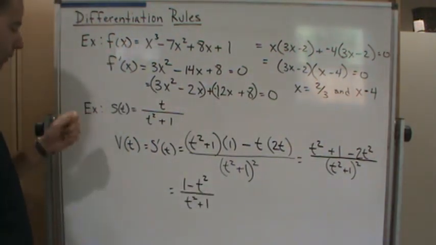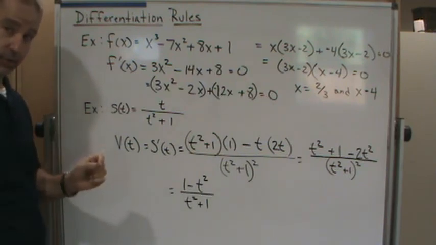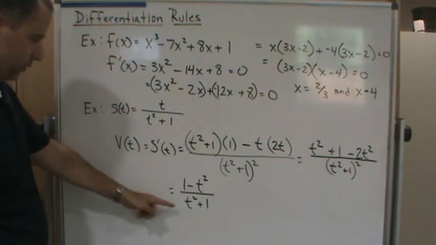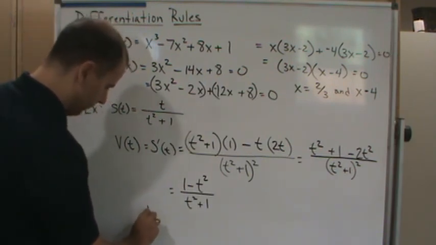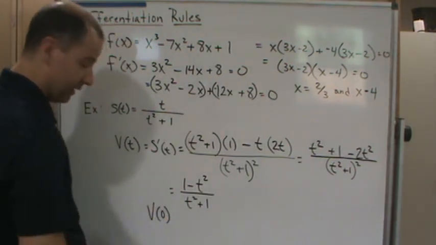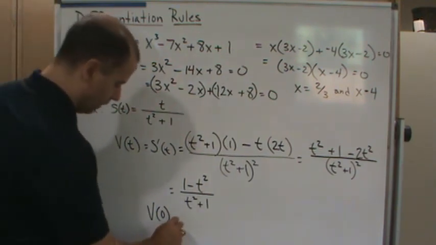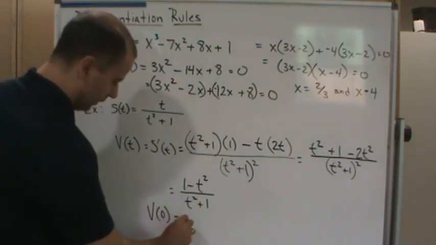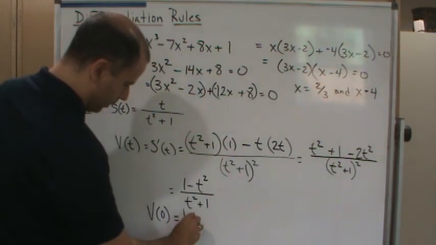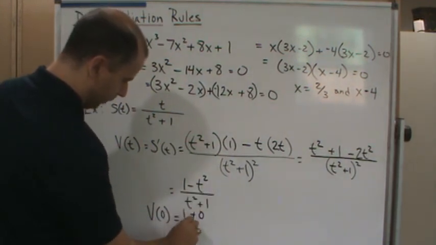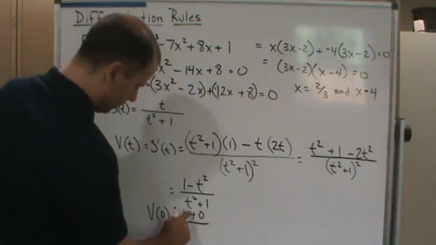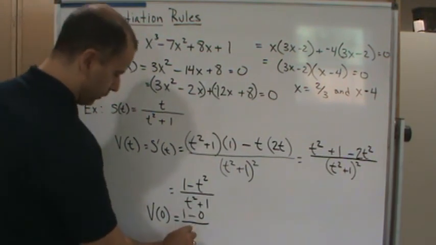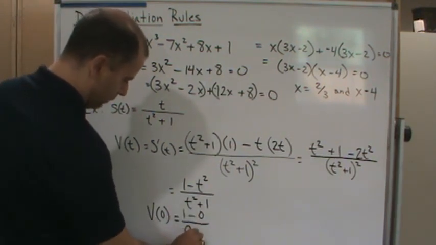So now I want the initial velocity, that's when t is equal to 0. So I want v of 0. That's going to equal 1 minus 0 squared over 0 squared plus 1, which is 1 minus 0 over 0 plus 1.